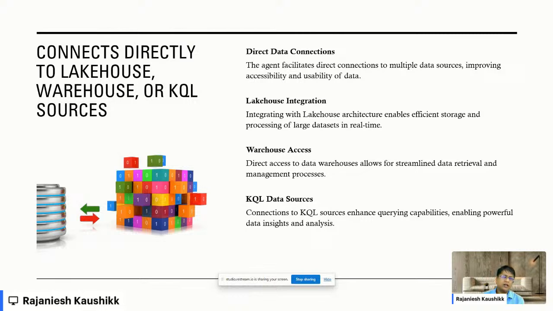So this can connect to many different data sources simultaneously, and depending upon your question, it can provide those answers depending upon where it is connecting and where it is required to get the answers. If it knows that the question should be fired to the KQL data sources or warehouse data sources or direct data connection to your data files, it will automatically do it for you. You don't have to worry about it. It's an abstraction between user and the data.